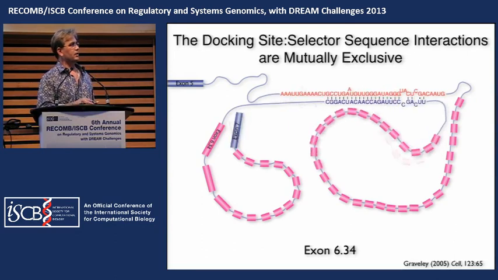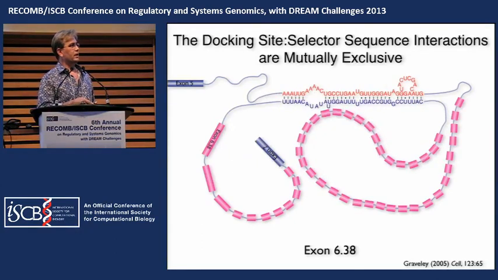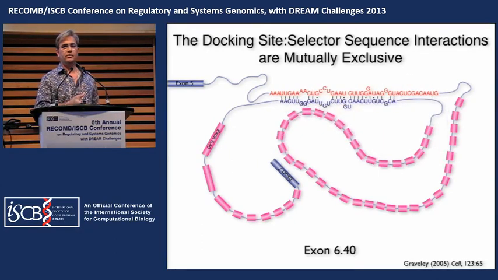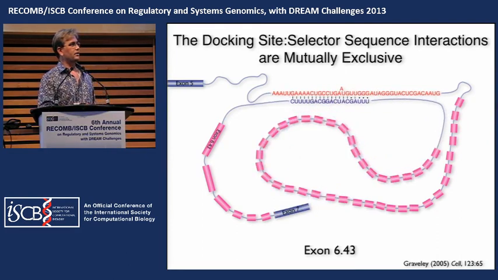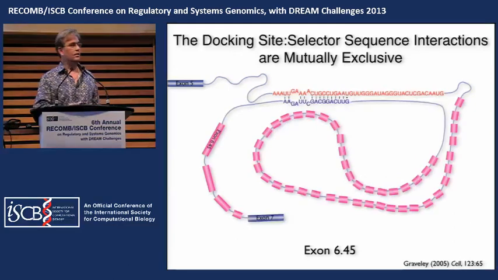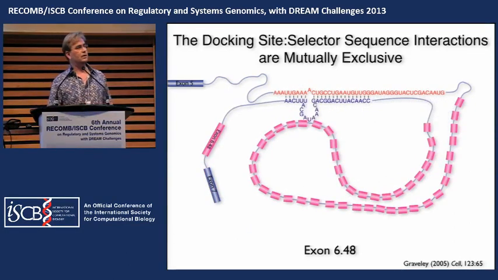We've actually done a bunch of experiments where we can mutate any of these elements, and if we increase the base pairing potential of any selector sequence, that increases the splicing inclusion of that particular exon, and if we decrease the base pairing potential of a particular selector sequence, that decreases the inclusion of that particular exon.